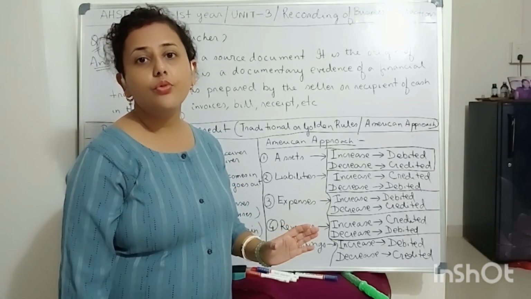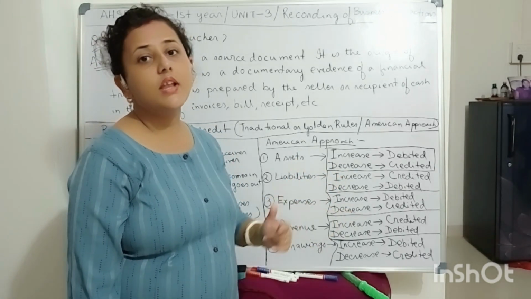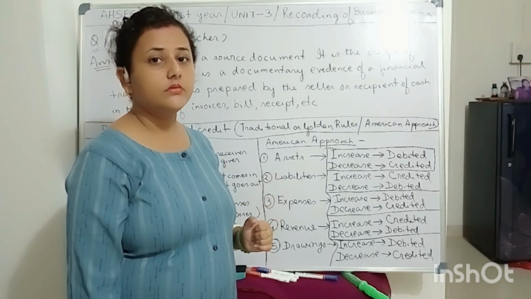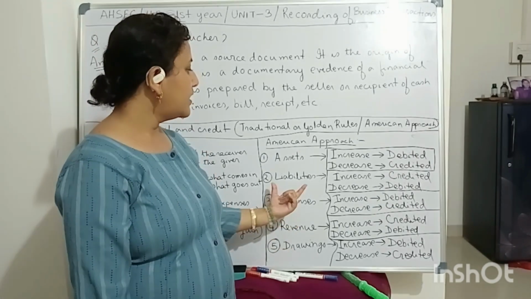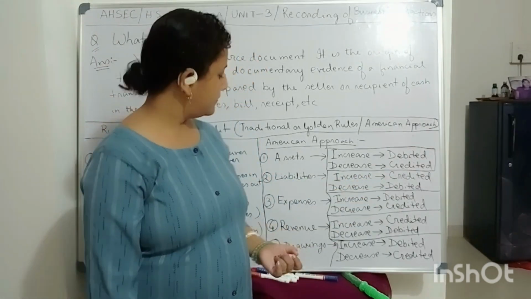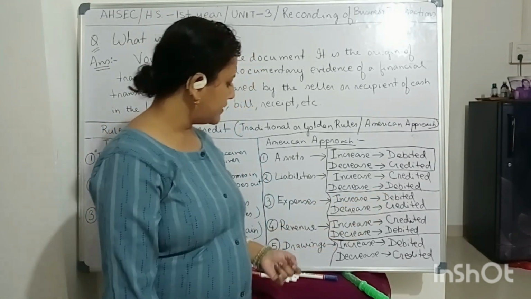You should know which particular account is an asset account and which one is a liability account. You should have that knowledge, then only you can pass the journal entries. Liabilities increase, it is credited; decrease, it is debited. Expenses increase, it is debited; decrease, it is credited.